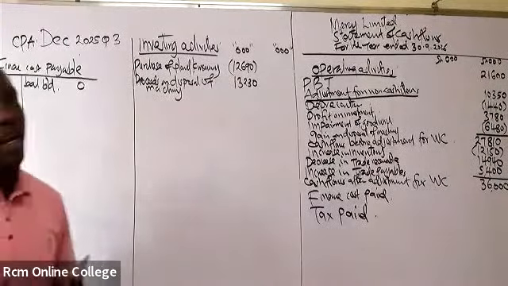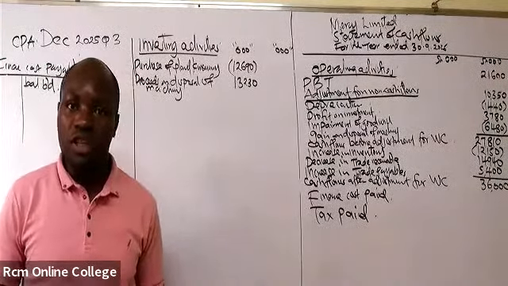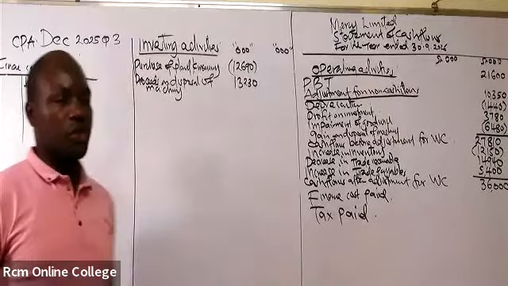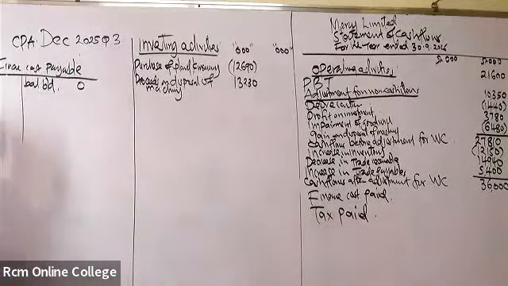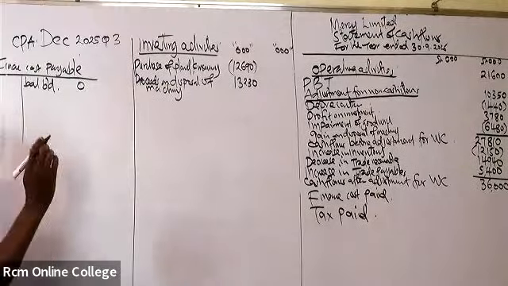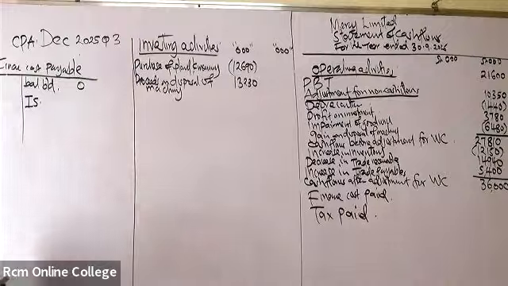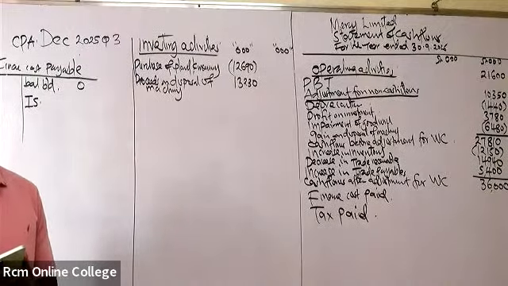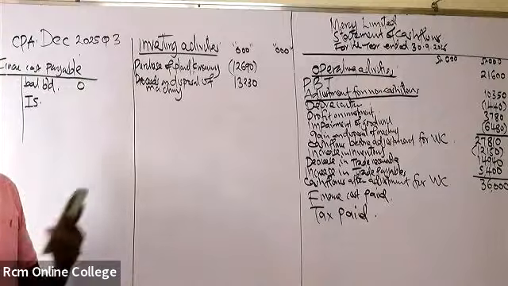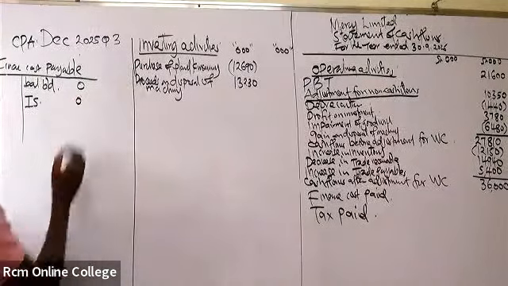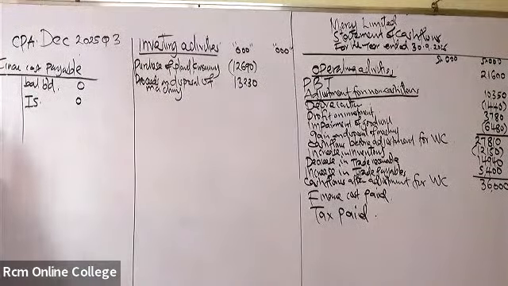If you have incurred any expense and you don't pay it, it becomes a liability. So go to the statement of profit or loss and check, do we have finance cost for the year? From the income statement, did they mention anything to do with finance cost for the year? There is none. So we put a 0 there. Then you go to the statement of financial position again under current liabilities in 2025.